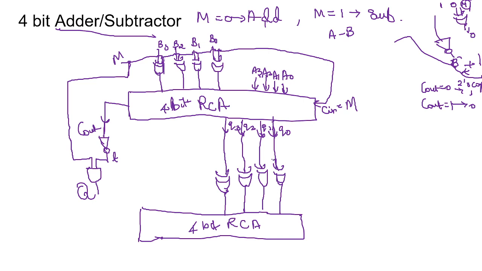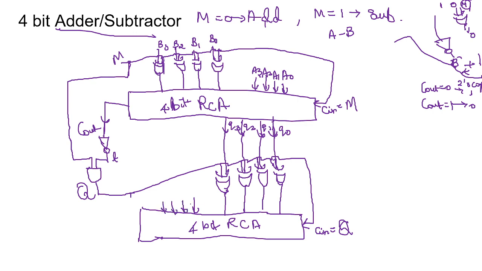The other input will be this Q, and this Q I will again apply as the C in, so that I will obtain the 1's complement plus 1, the 2's complement.